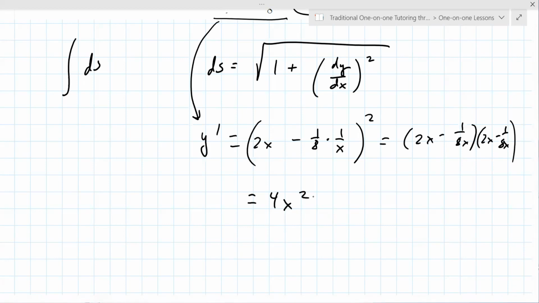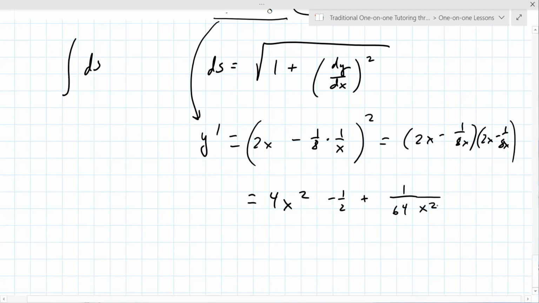All right, so what is this? This is multiply these together. What is that? 1/4 x squared, or negative 1/4, then you double it, minus 1/2, plus 1 over 64 x squared. And then you've got a 1.